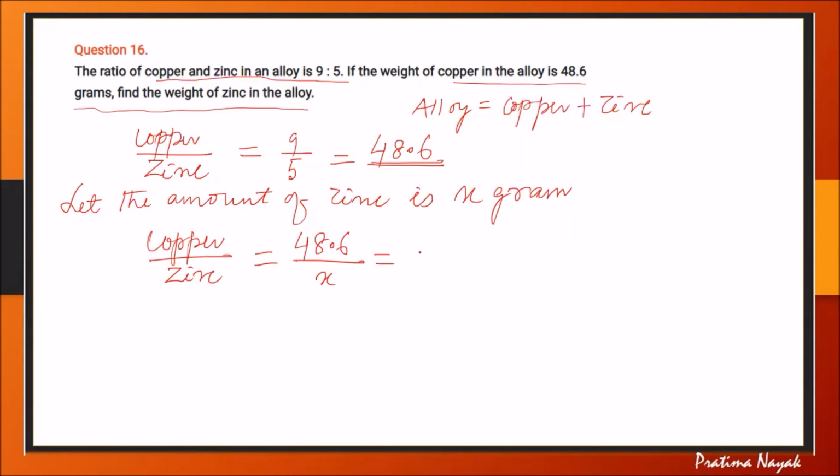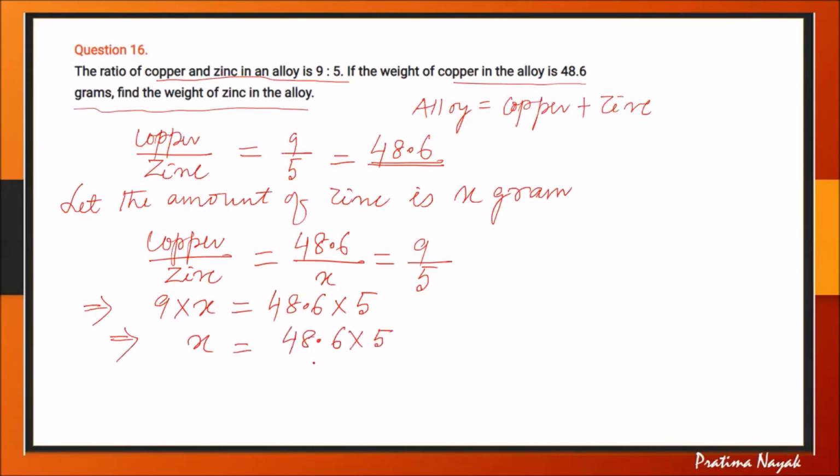This will be how much? This is 9/5. I hope you can get the x now. Or 9 times x is equal to 48.6 multiplied by 5. How much is x? x will be 48.6 into 5 divided by 9.